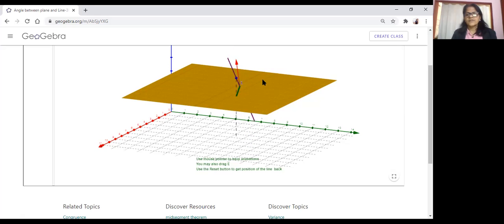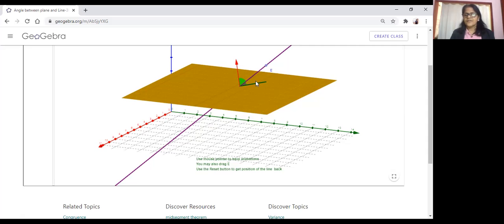I can come back to the original position. Okay, so this is the angle. When we take the angle between a line and a plane, we take the complementary angle.